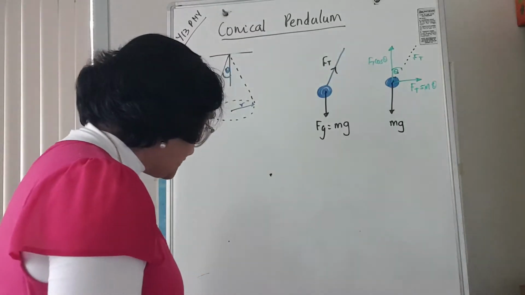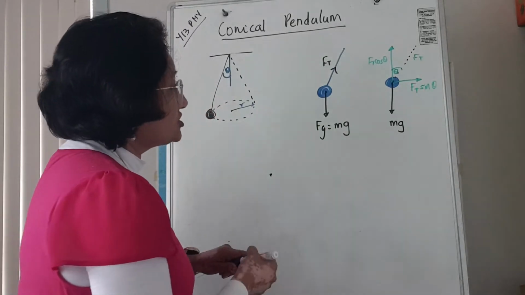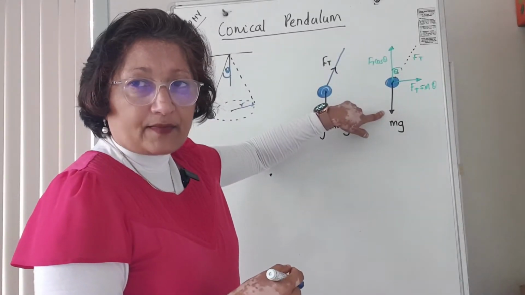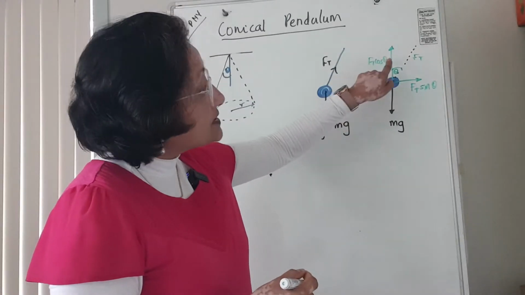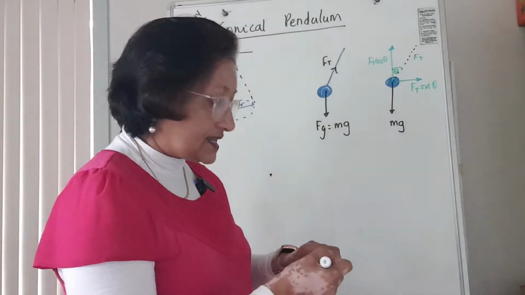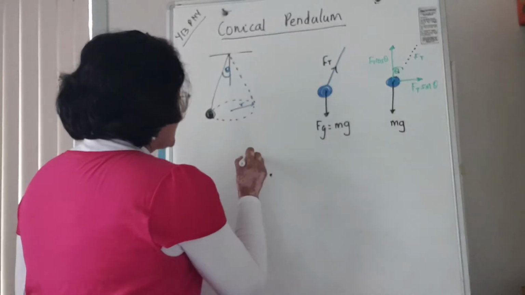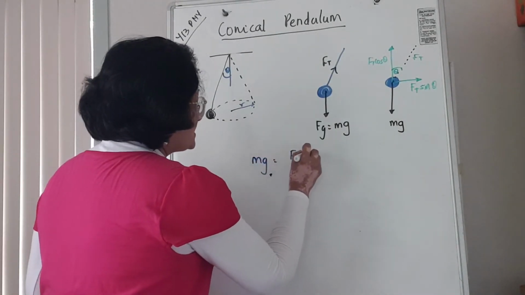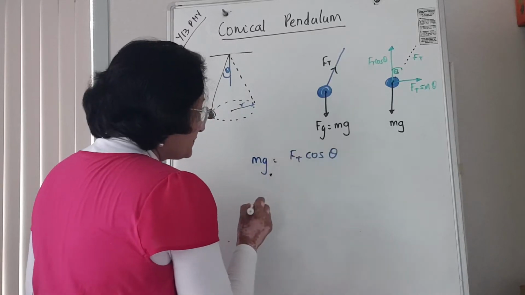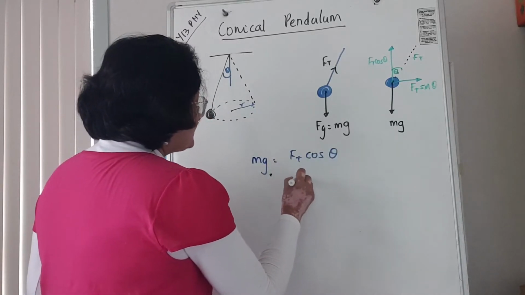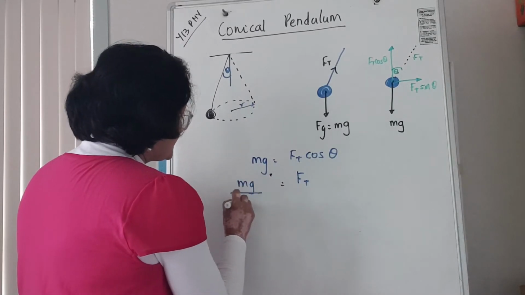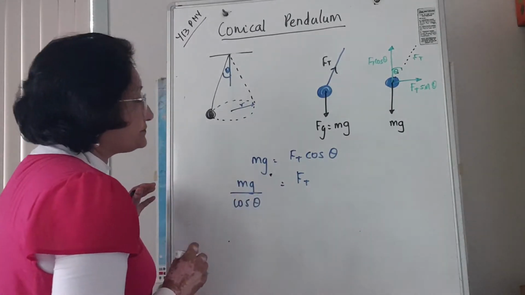So what are the forces in the vertical direction? The vertical forces are mg, which is my gravity force, and the vertical component of the tension force. So we say that mg equals FT cos theta. If we want to find FT, we get FT is mg divided by cos theta.